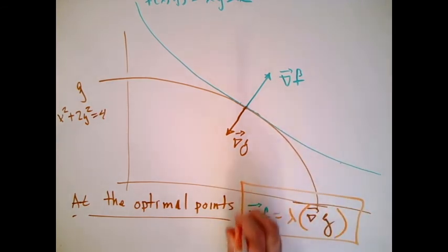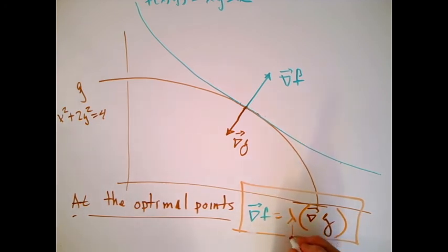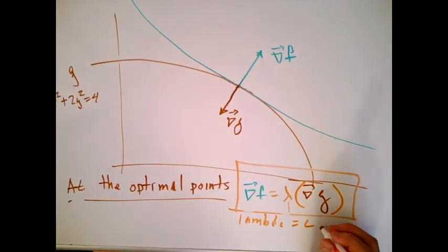So every time we're going to have a problem of optimizing a function with a constraint equation, we're usually going to start right down here, where we write down the gradient of the function we're trying to optimize. We write down the gradient of the constraint equation, and we know there's some scalar here. By the way, that is a lambda, which is a Greek L, and in our context, that's going to be for Lagrange.